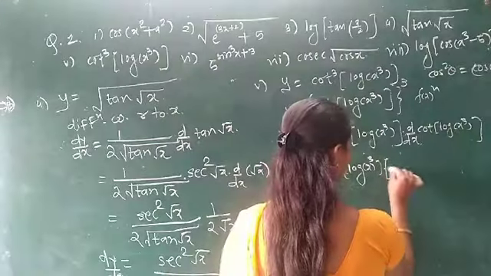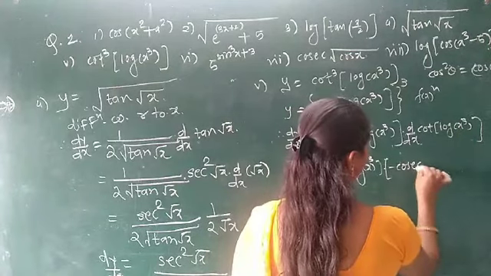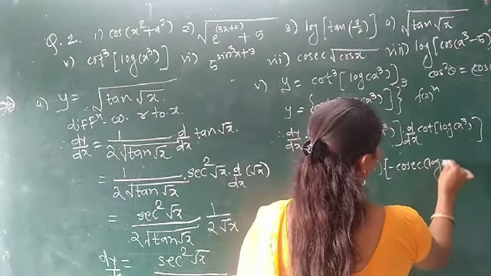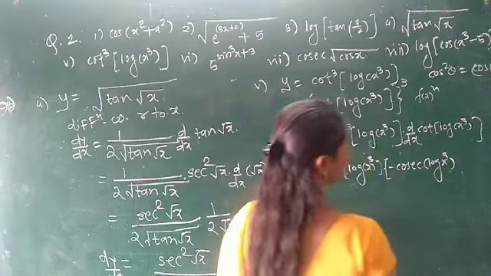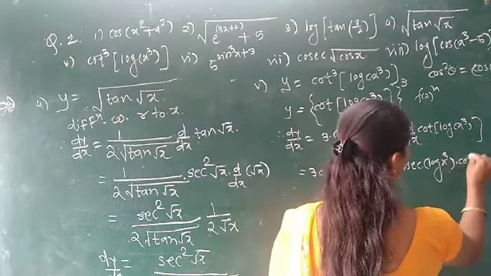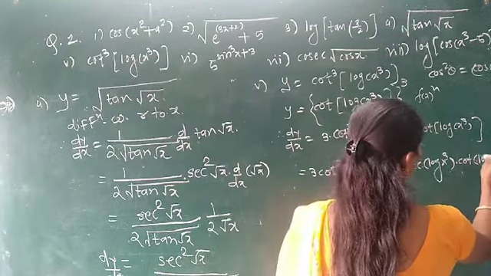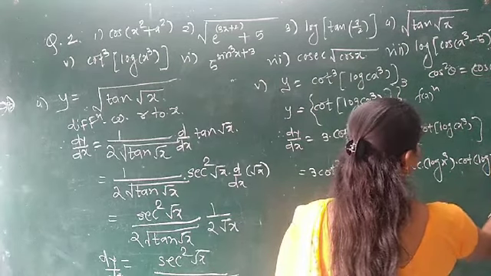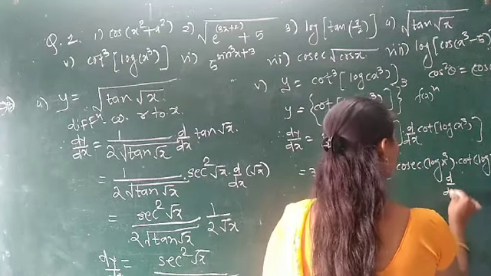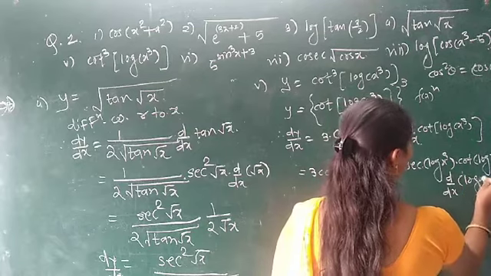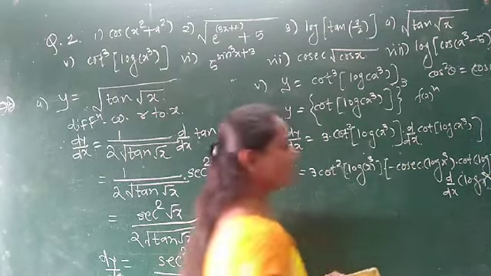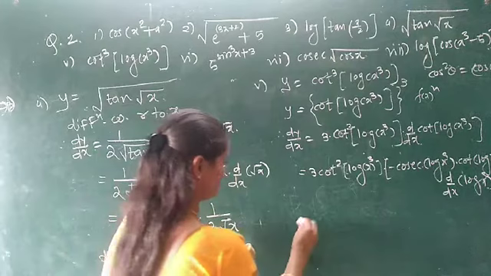Therefore minus cosec of log x cube, the derivative of cot theta, minus cosec into cot of log of x cube into multiply the derivative of log x cube.